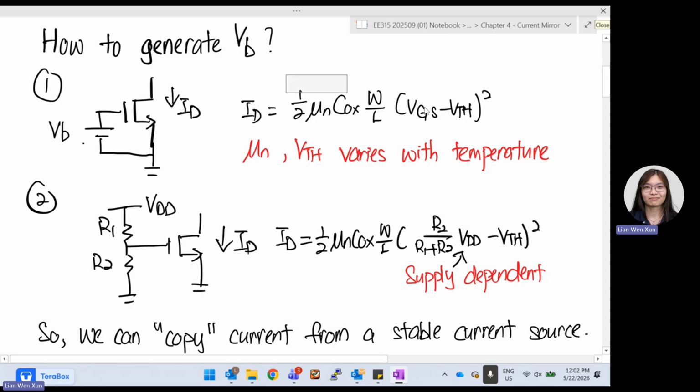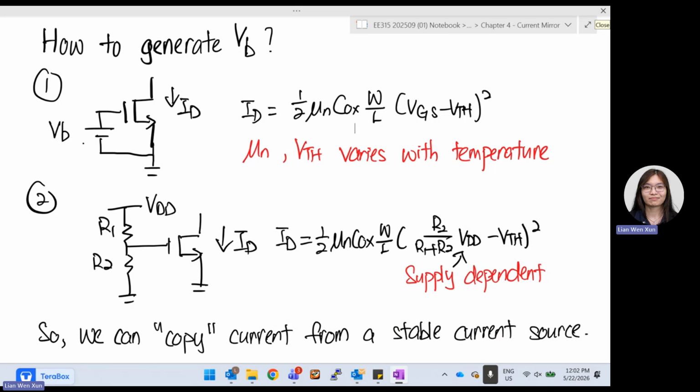The current is equal to the saturation region equation, half mu n Cox W over L times (VGS minus VTH) squared. So we at least have this current, but you can see that mu n and VTH vary with temperature, because mobility is of the electrons. So the electron mobility might vary with temperature. So this is not very good.